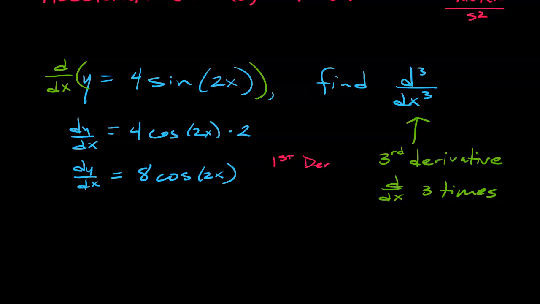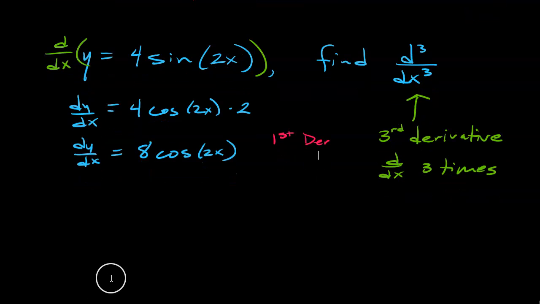And if you want to do some kind of notation for yourself, just so you don't lose track of where you are, you absolutely can do that. So I'm going to do d dx a second time. Now here's the notation, which is kind of goofy.